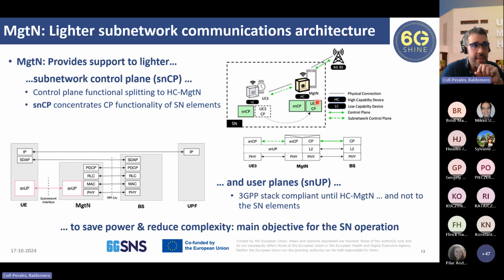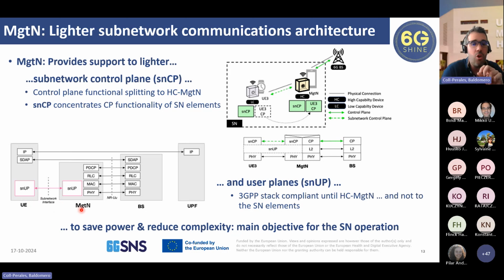The subnetwork control plane, but also the user plane defined in the subnetwork, do not necessarily need to be 3GPP standard compliant in the complete stack. And this compliance only needs to be guaranteed in the interface between the management node and the 6G network, but not in the interface between the management node and the subnetwork nodes, like for instance, in this case, the UE.